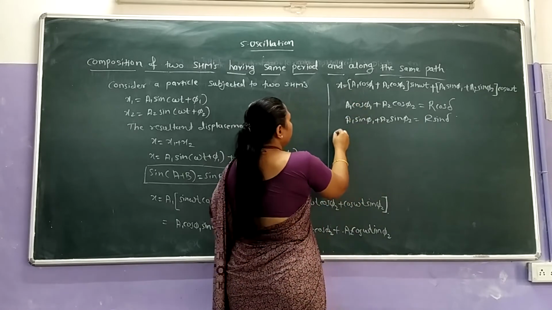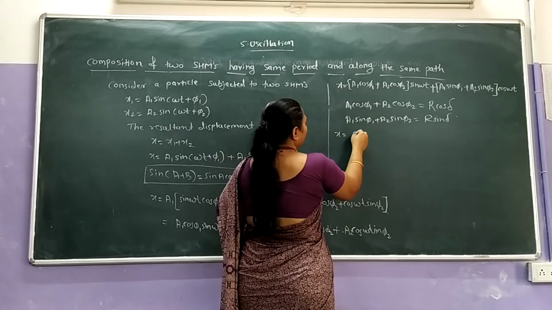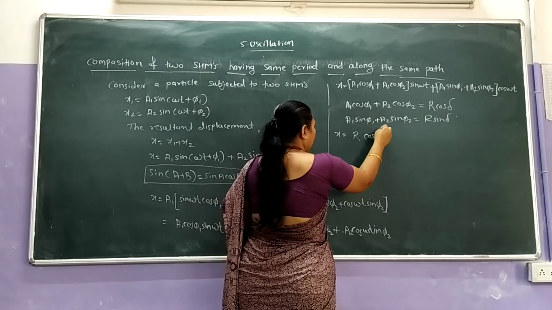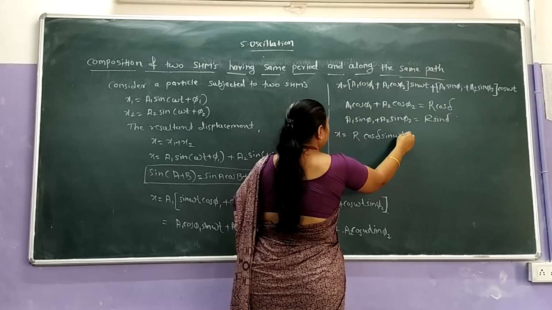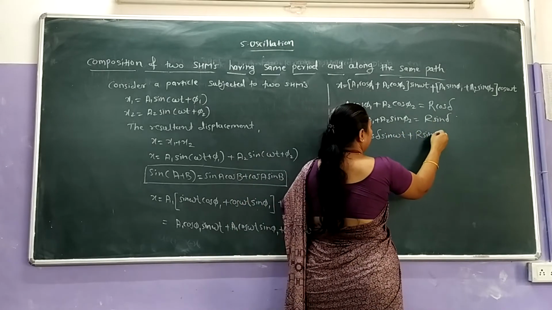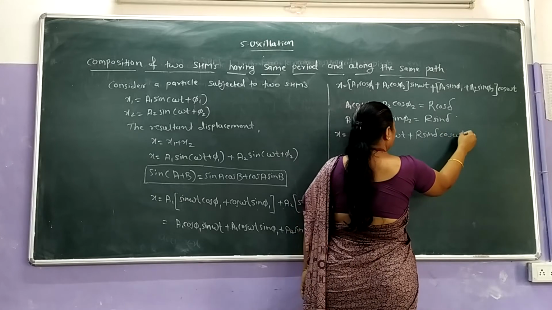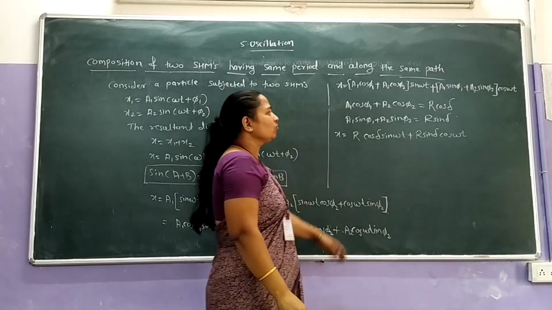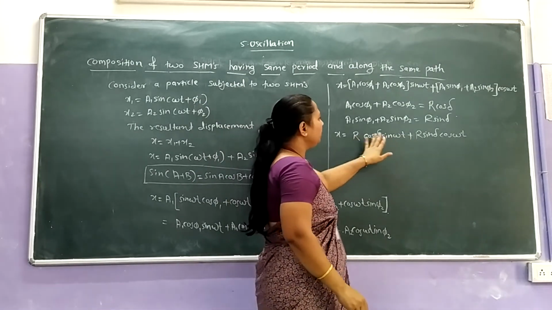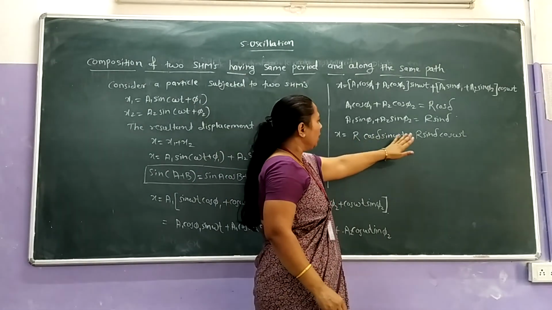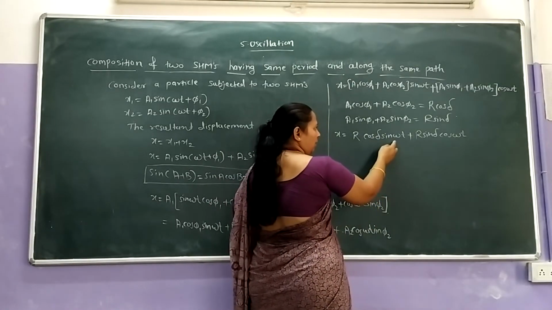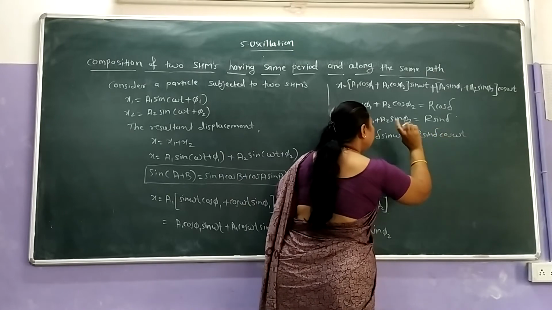Therefore, the equation can be written as x is equal to R cos delta sin omega t plus R sin delta cos omega t, that is, sin omega t cos delta and cos omega t sin delta.